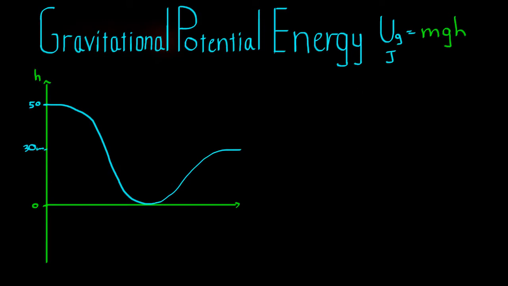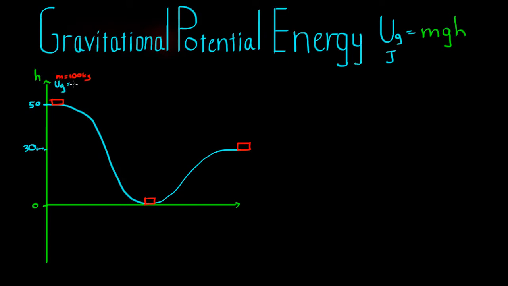And I have a cart on this roller coaster of mass 100 kilograms. Let's figure out the gravitational potential energy at 3 points on this roller coaster. So we'll start up here.